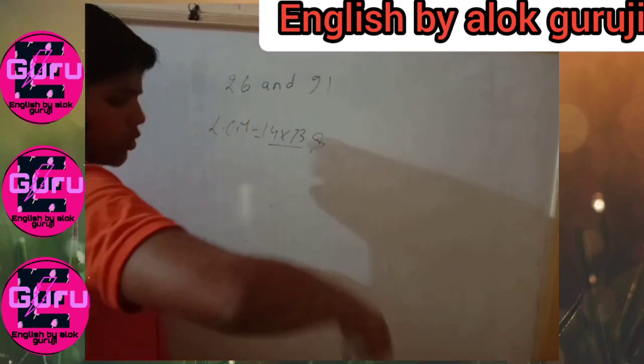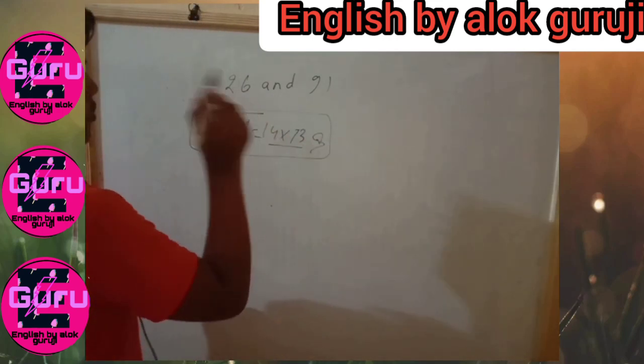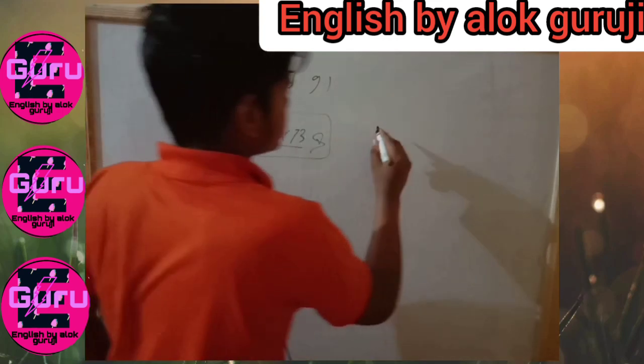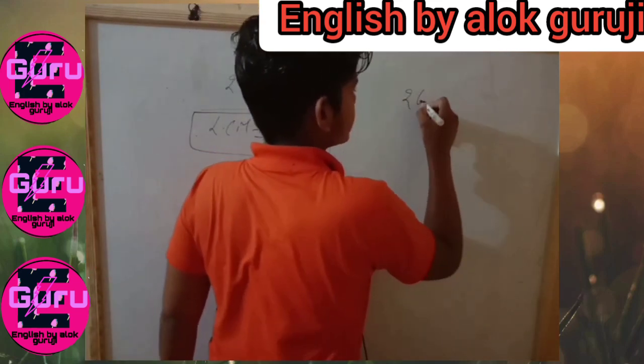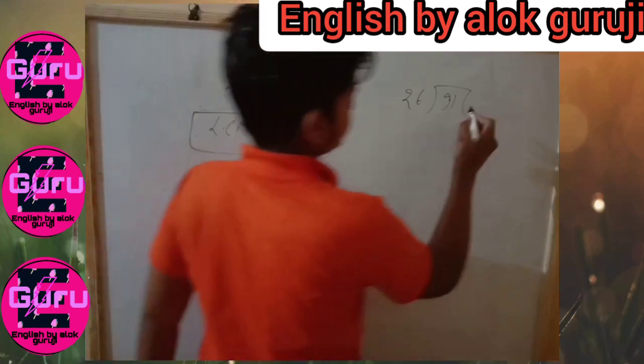Now we should calculate the HCF. It is one of the required answers. Now for HCF, 26, 91. How many times? 2 times.